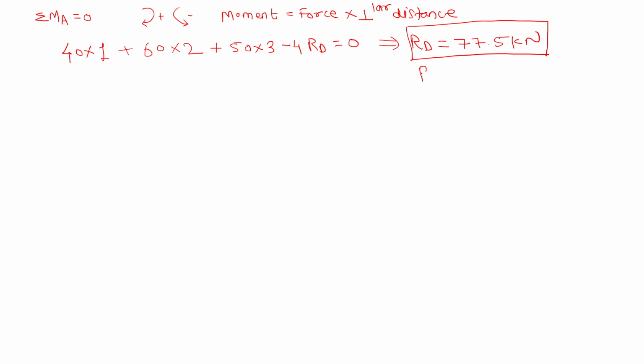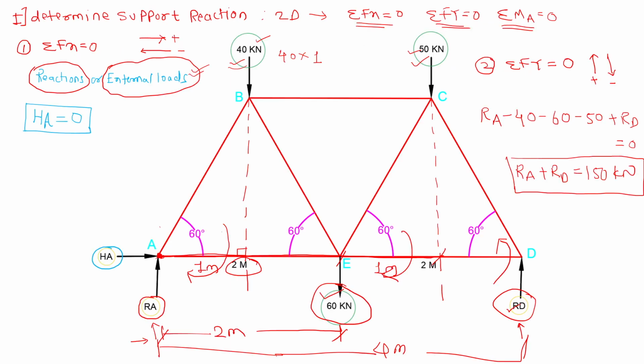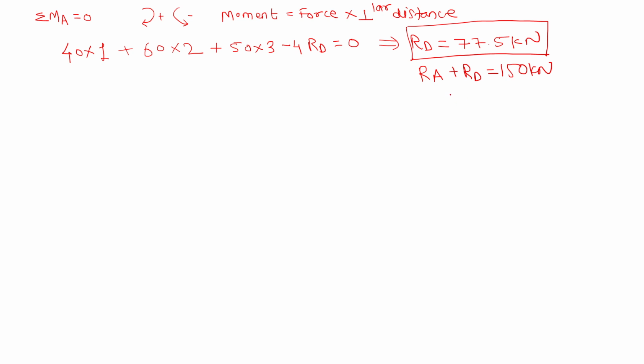So what is my RA? We know that RA plus RD is equal to 150 kilonewton. We have written here. So from this, I can get RA is equal to 150 minus RD, that is 77.5. So I can get RA.